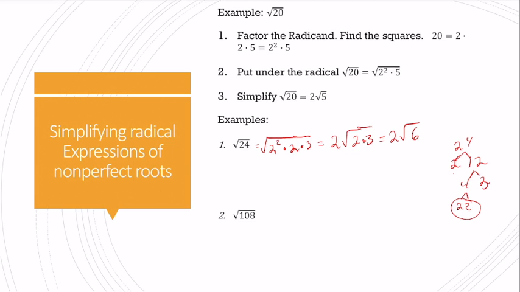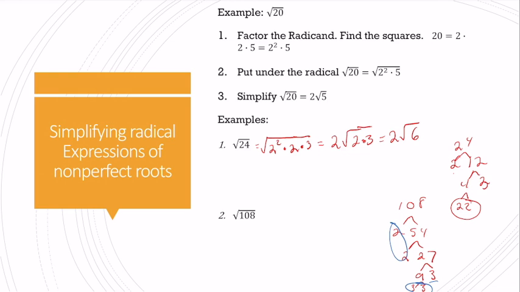Next, I have the square root of 108. 108 is going to factor into a 2 and a 54, which factors into a 2 and a 27, which factors into a 9 and a 3, which factors into two 3's. Okay, so do I have some squares? I do. I have two 2's, I have two 3's, and I've got one 3 left over.